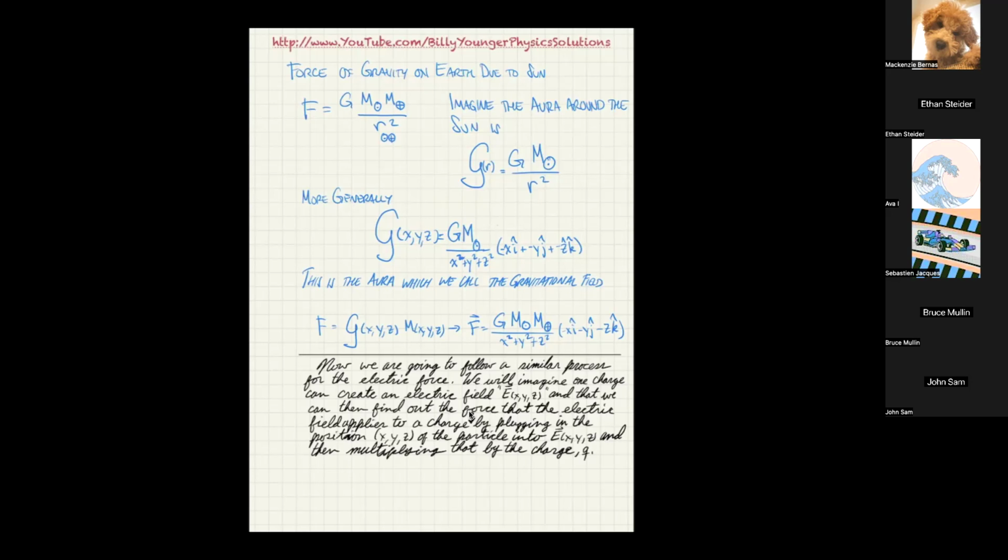But we imagine a field around the sun that is created because the sun's mass has the tendency to pull other masses towards it. And the way you would use that field is you figure out some kind of formula where you could stick in information and out pops the force. Well, what I argued that formula would be is this weird looking lowercase g that sort of looks like a mix between a lowercase g and a capital G.